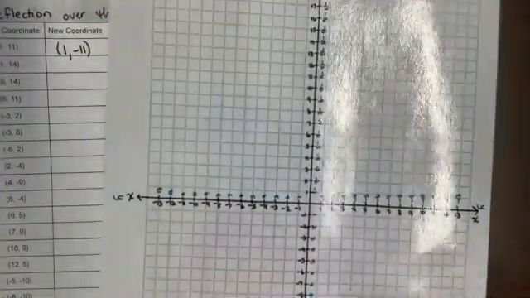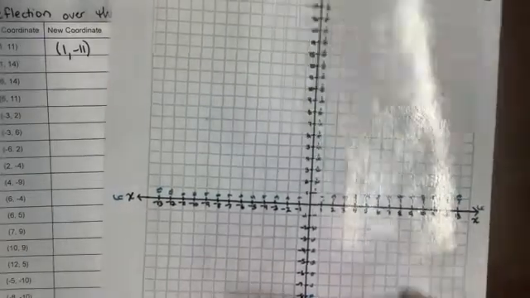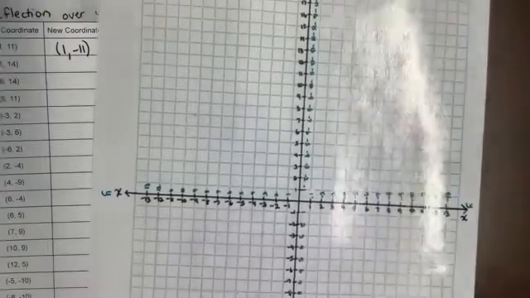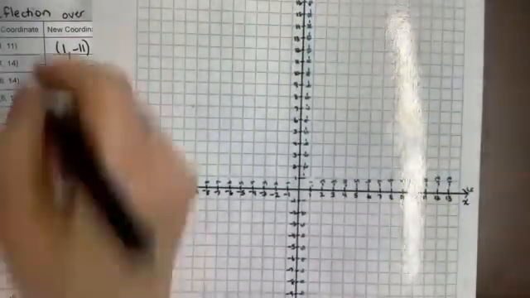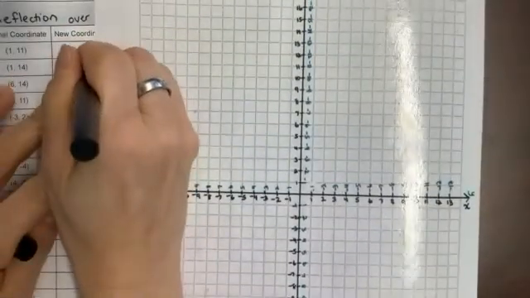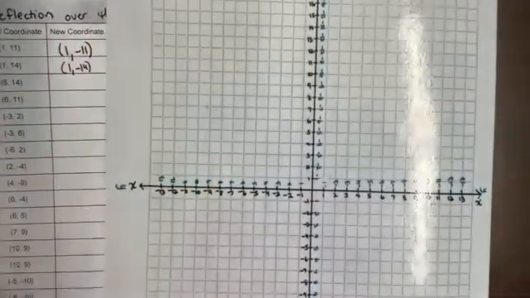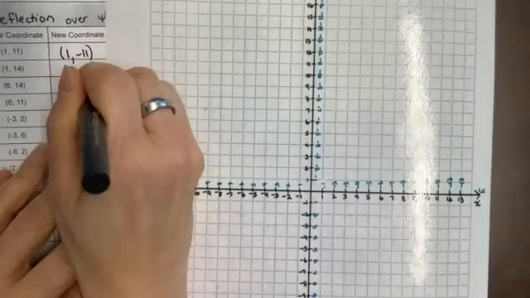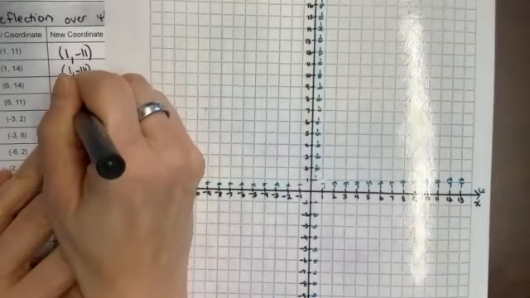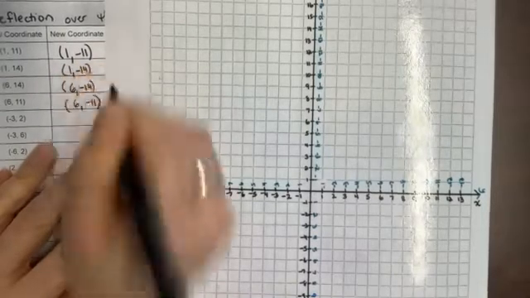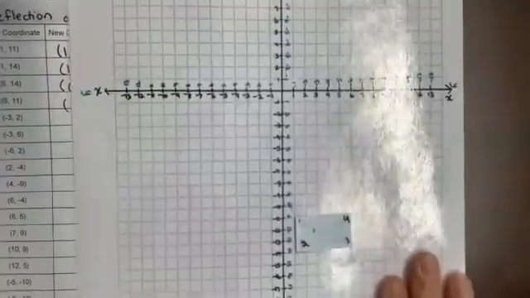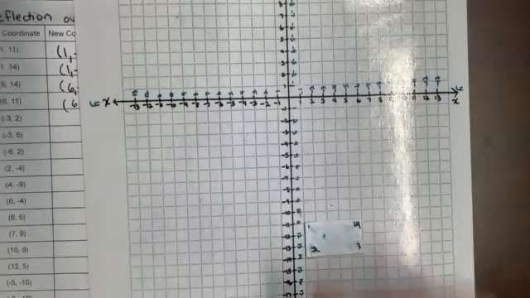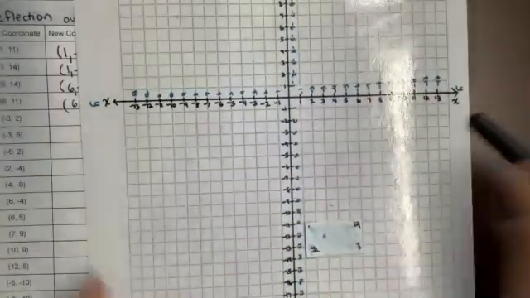Yep, that's 2, 4, okay. So corner 2 is now at 1, -14. Corner 3 is at 6, -14, and 4 is at 6, -11. So in order to find where it ended up landing, I had to do this flip.